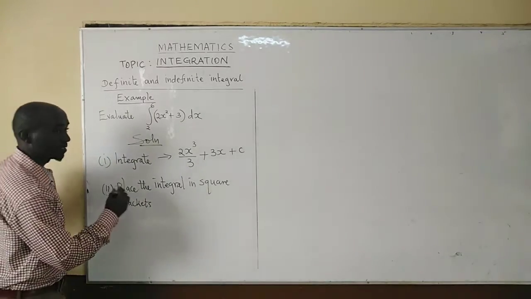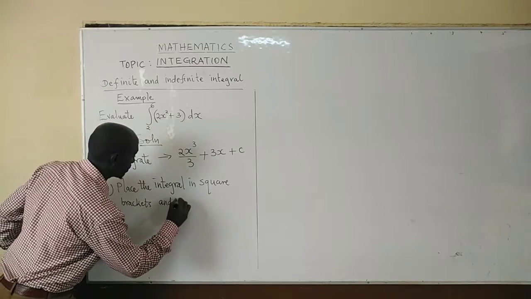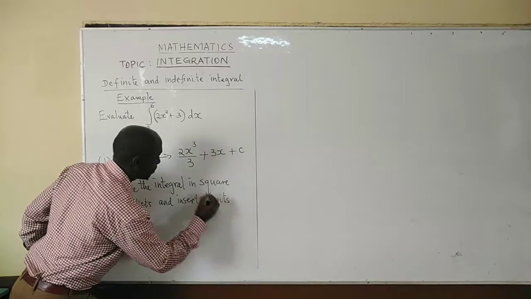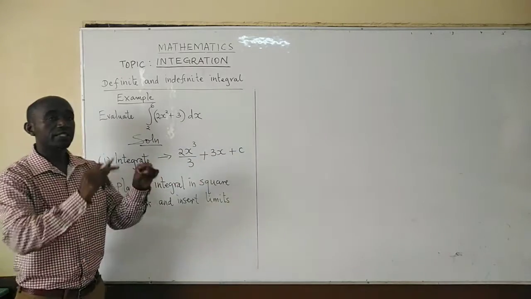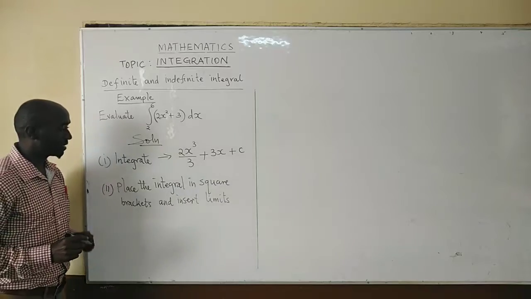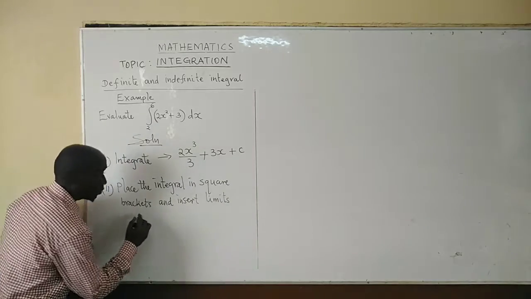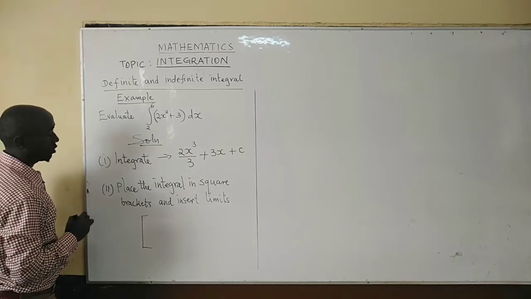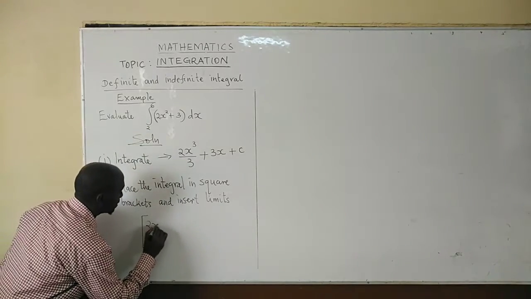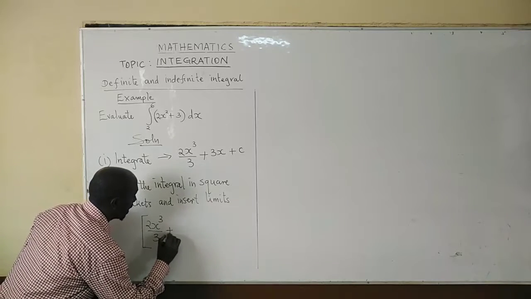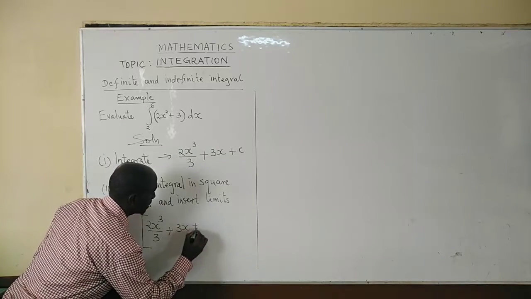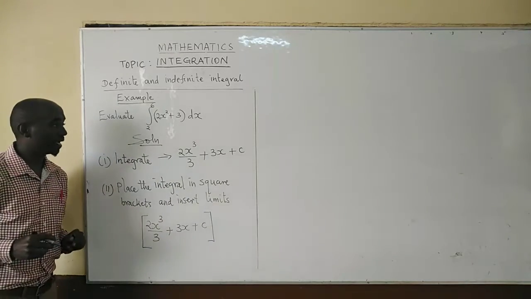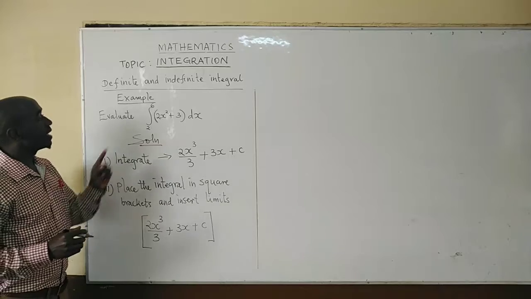You place this integral in square brackets, then you insert the limits. How do we do that? You use square brackets, the opening bracket, then you put 2x power 3 over 3 plus 3x plus c. Then close the brackets. Then insert the limits. The limits are 2 and 6.